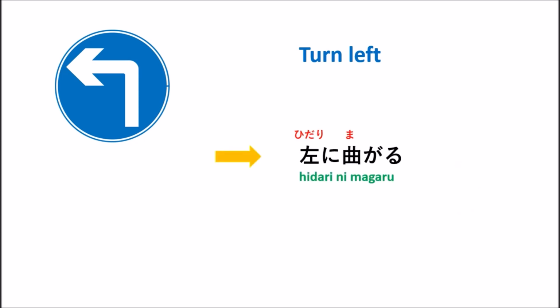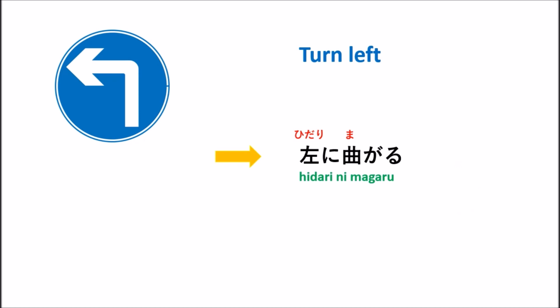So now we are going to create some simple sentences. For example, if I want to say turn left, how do you say turn left in Japanese? We will use the words that we have already learned in this video clip. We can say hidari ni magaru.